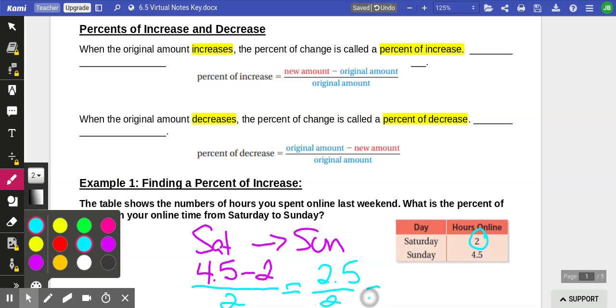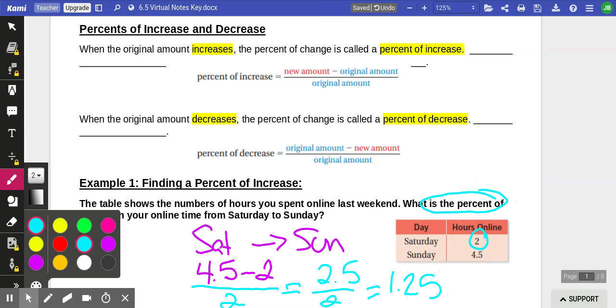Now, because the numerator is larger than the denominator in this case, I already know my percent is going to be greater than 100. So when I divide those out, I get 1.25. But it's asking, what is the percent? 1.25 is not a percent. I cannot just put my percent sign on there.